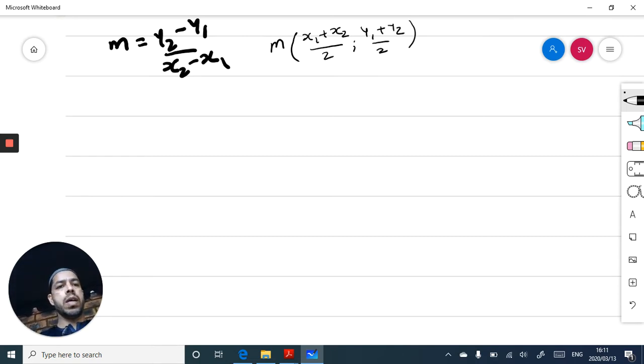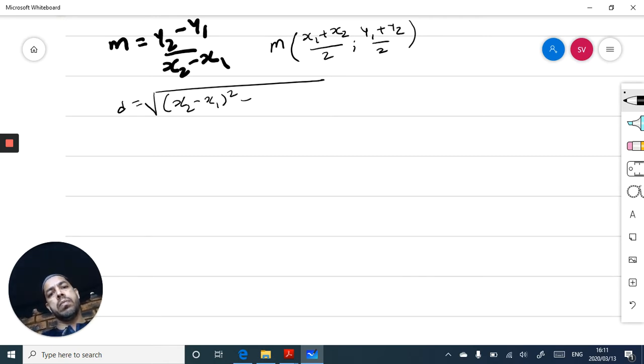The third formula I know is the distance formula, which is the square root of x2 minus x1 squared plus y2 minus y1 squared.